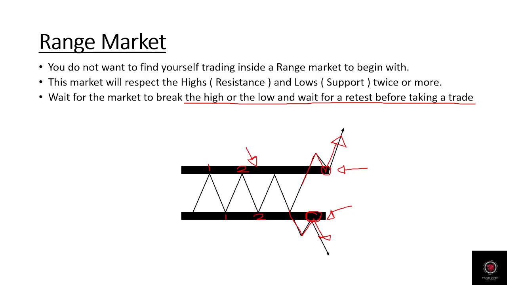Now, can you see the principle of a range market? If you look closely, if you're going to wait for that break and retest for that move towards the upside, can you see what we are creating? Look at the previous high. Look at this. What is that? A higher high.